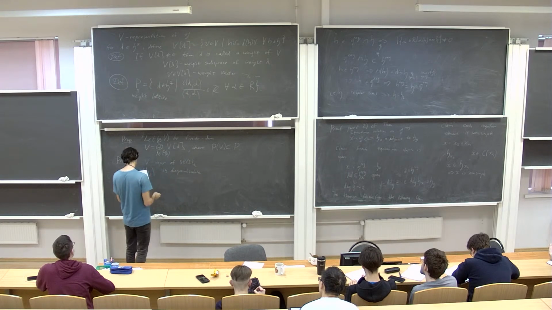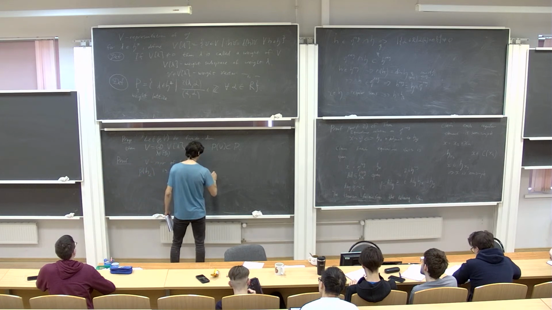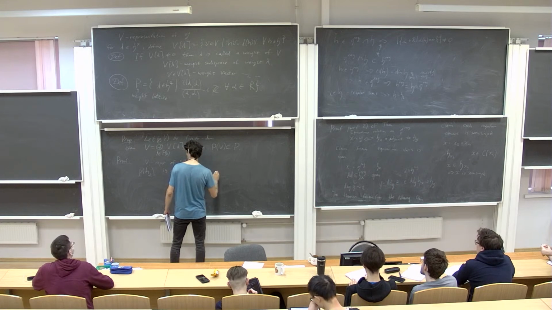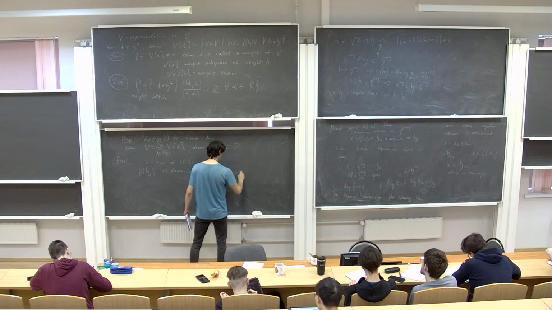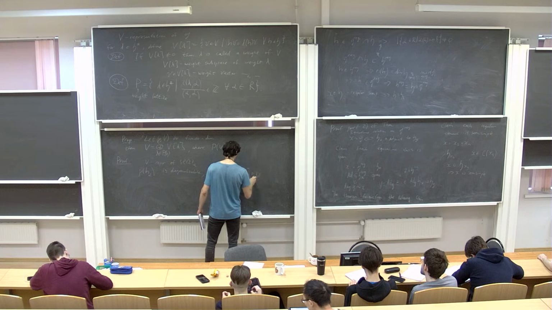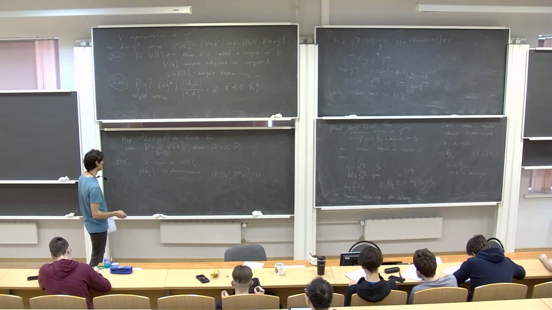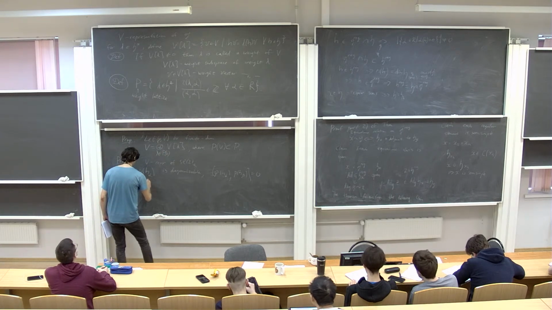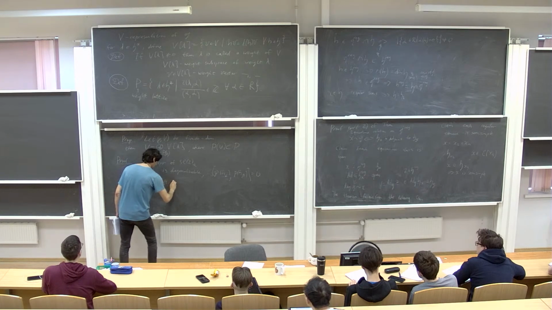Also, they commute. So rho of H alpha and rho of H beta commute. Therefore, you can simultaneously diagonalize them, right? And therefore you have this decomposition.